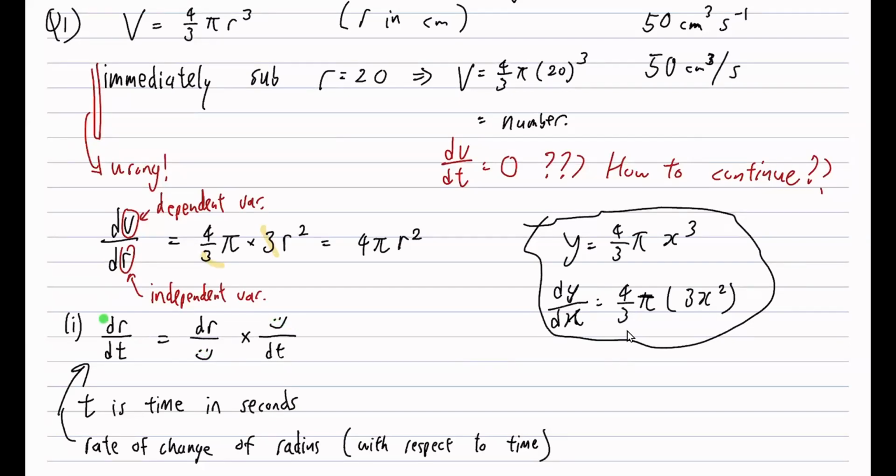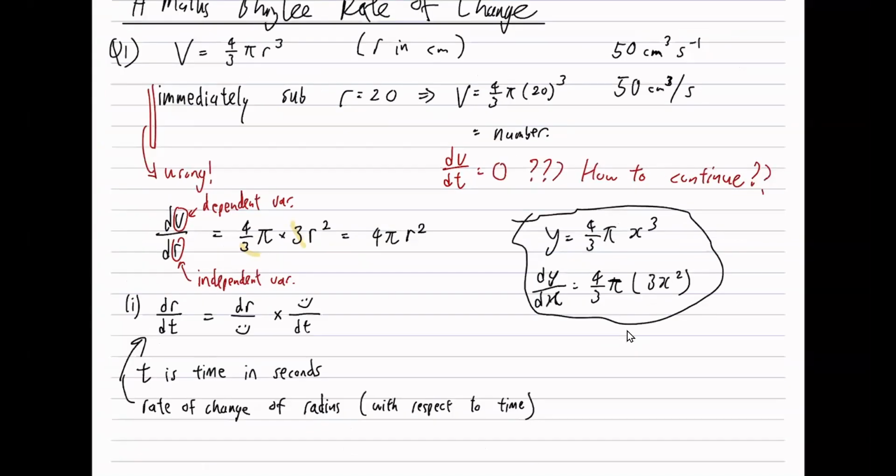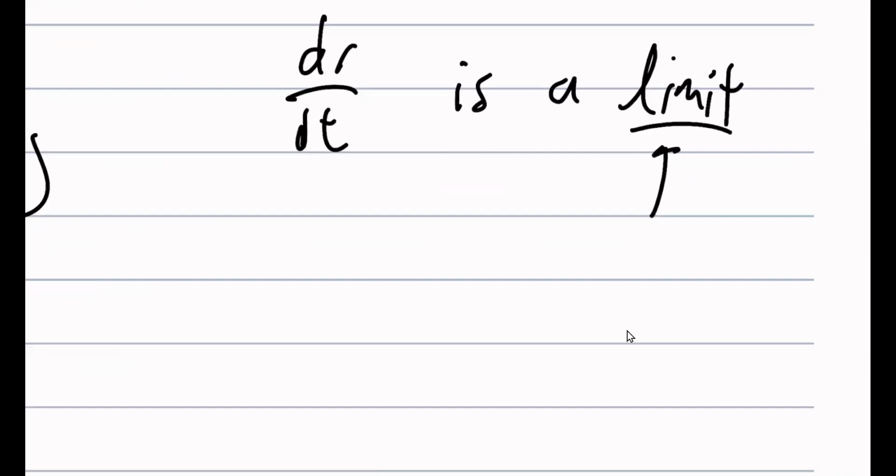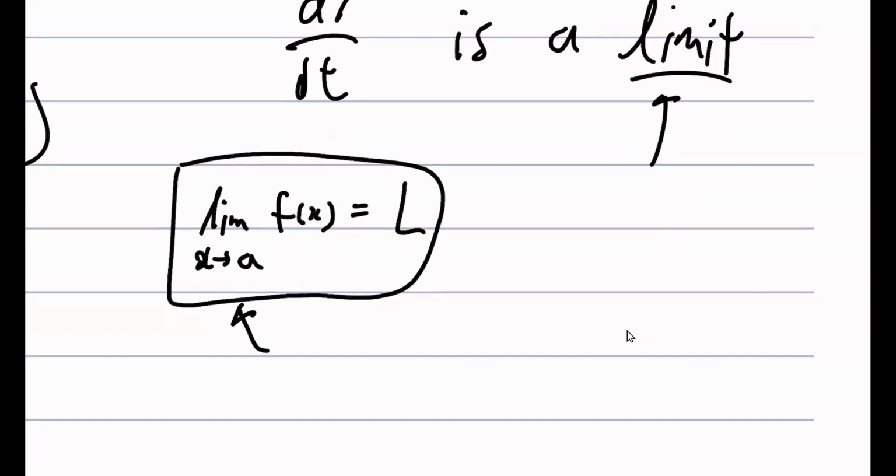Technically, dr by dt is not a fraction. Okay, it is not a fraction. dr by dt is actually a limit. And a limit has a definition that is very crazy. Let me just write it down for you. If you want to say the limit of a function as x approaches a equals some L, this is equivalent to saying the following.